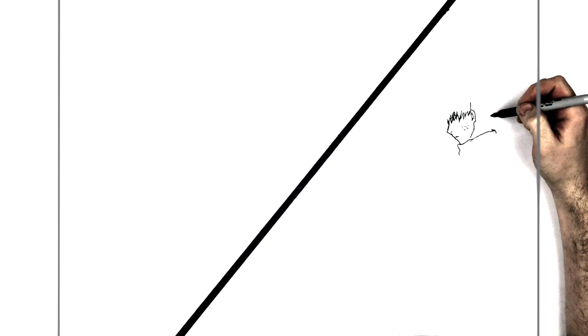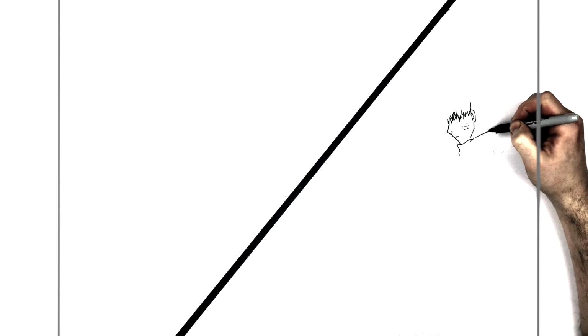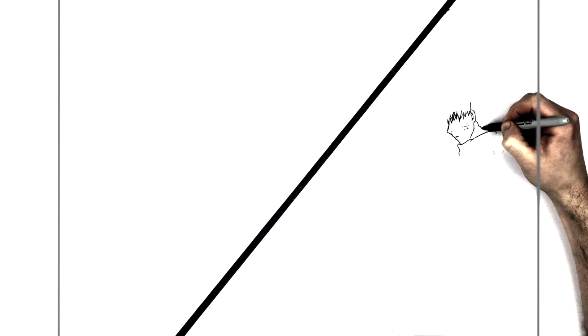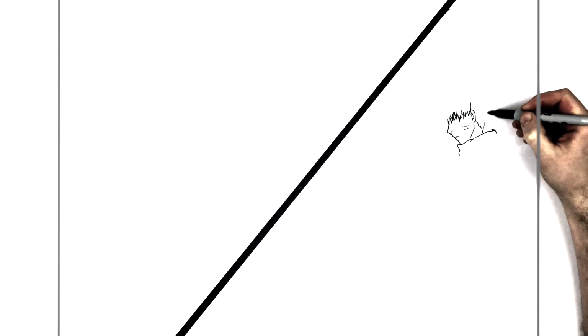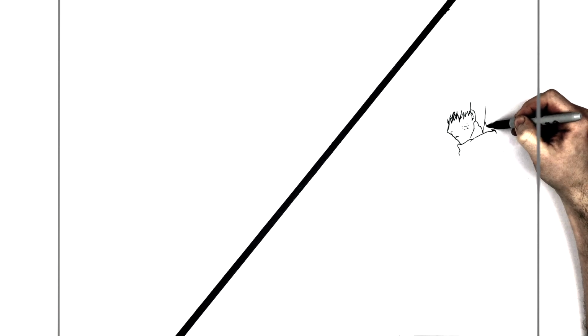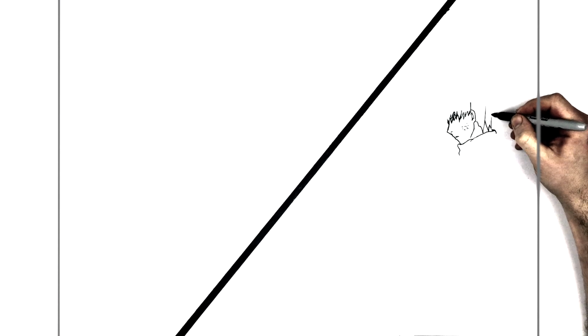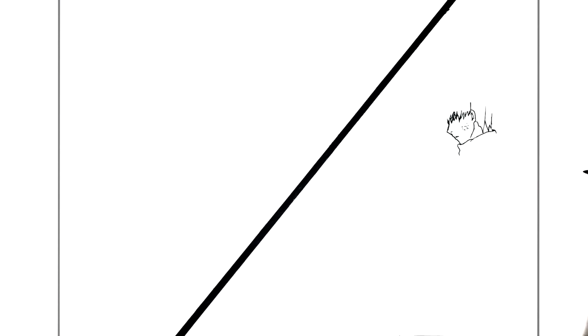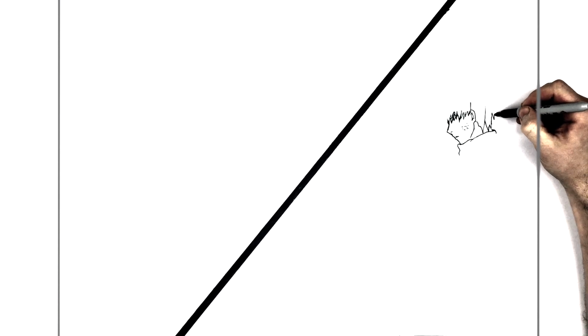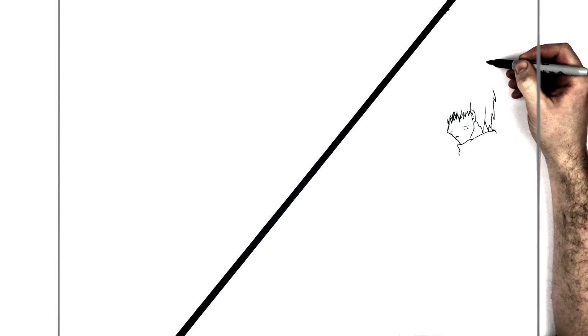And then his hair comes down into here. So we're going to bring it down, like so. And then the back of his neck is there. And then this comes up like so. And we're going to bring it around.